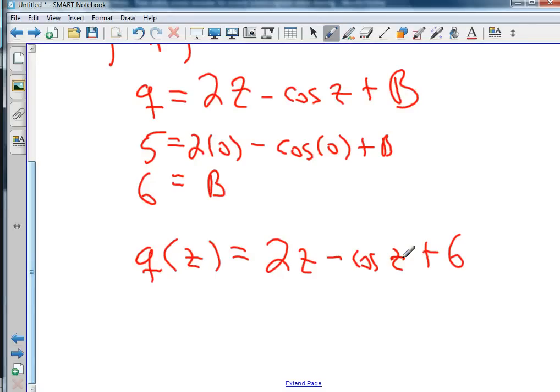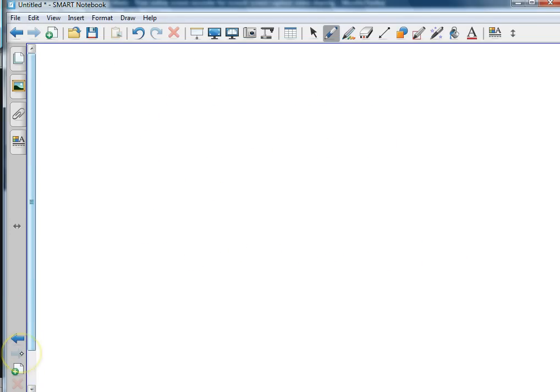Okay. All right, so how about we do some word problems. Look at number 12. A tomato is thrown upward from a bridge 25 meters above ground at 40 meters per second.